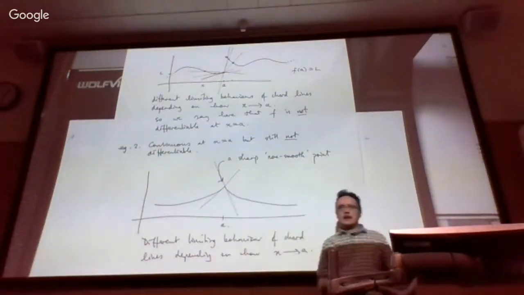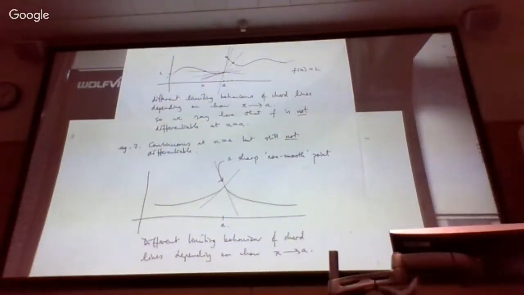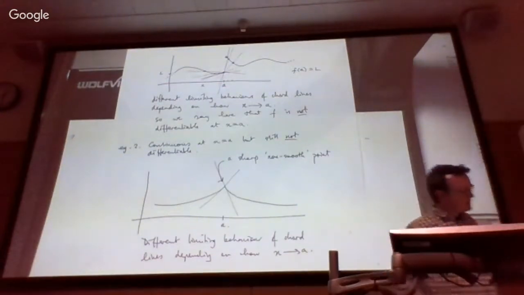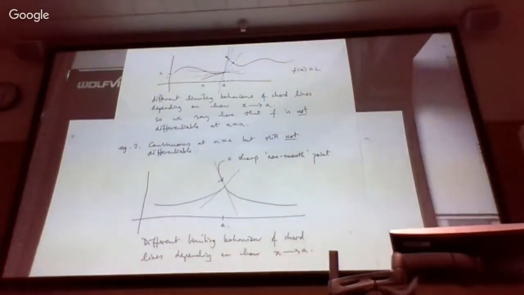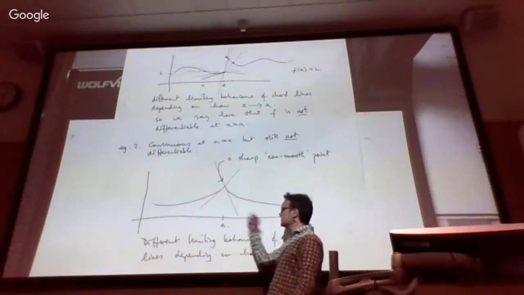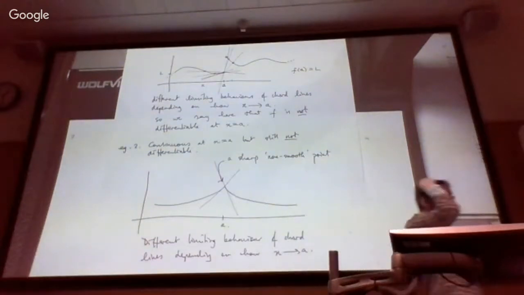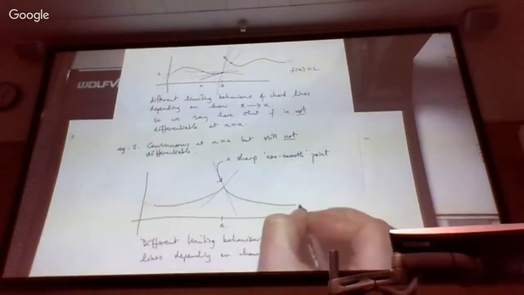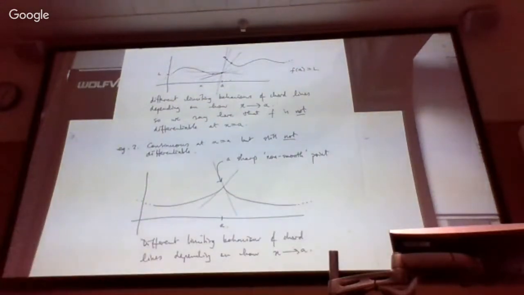Okay, different behaviors depending on how you approach that fixed reference point a. So again, this function would not be considered to be differentiable at the point a. Probably differentiable elsewhere, but not at the point a.